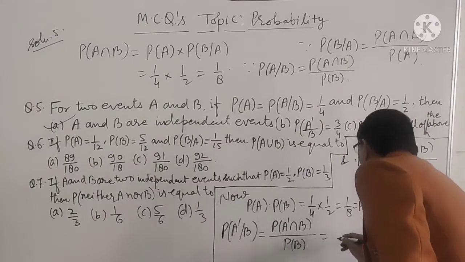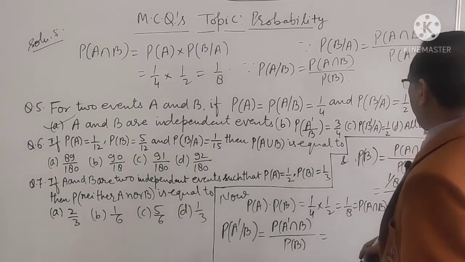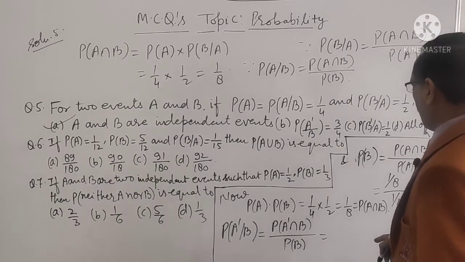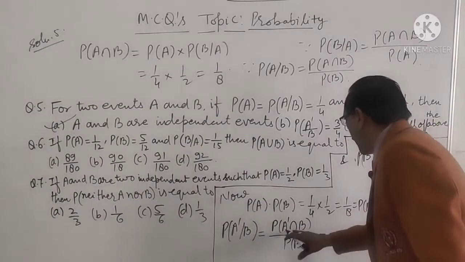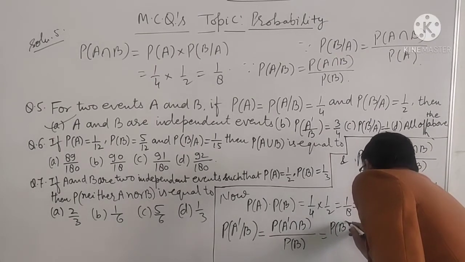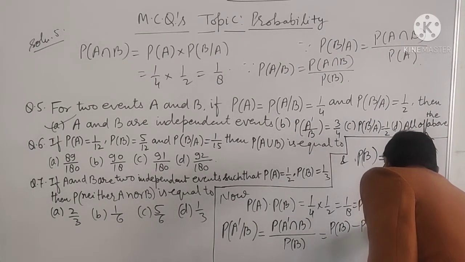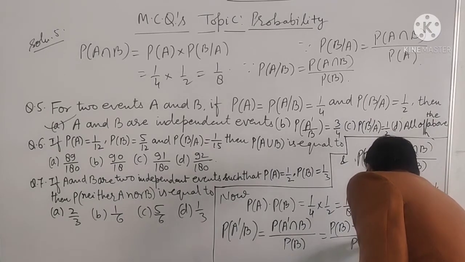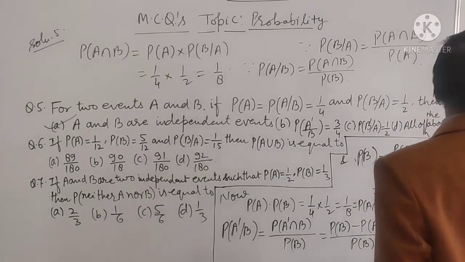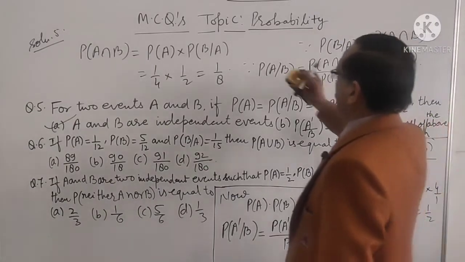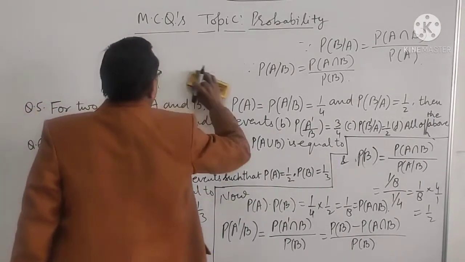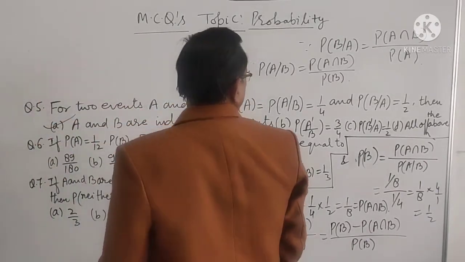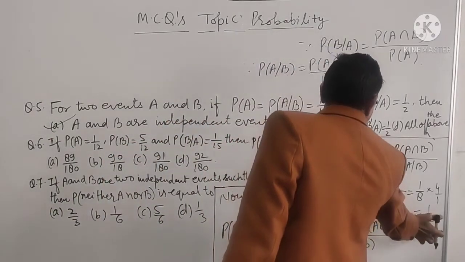Here P(A complement intersection B) is P(B) minus P(A intersection B) upon P(B), where P(B) is 1 by 2.